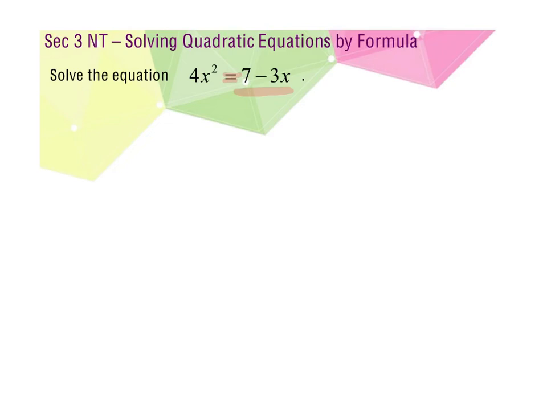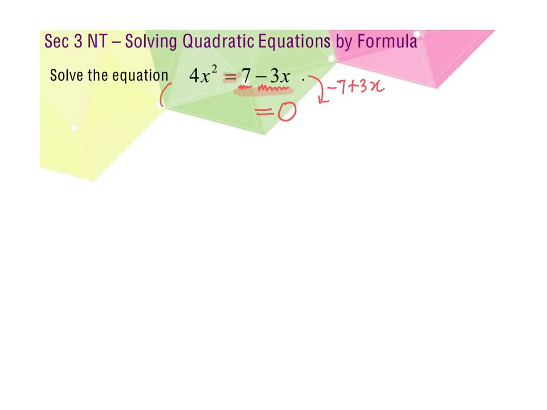So I need my right-hand side to be equal to 0. How can I make it equal to 0? What do I need to do? There's a number 7 here, so I need to minus 7. There's a negative 3x here, so I need to plus 3x.